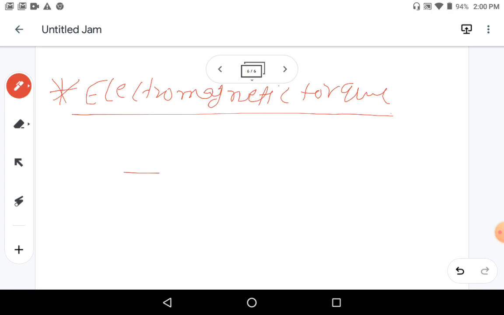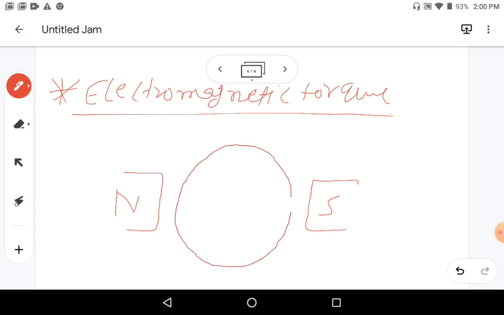That means this is N and this is S. In electromagnetic torque, if we use a cylindrical rotor, then the flux will pass in this direction.